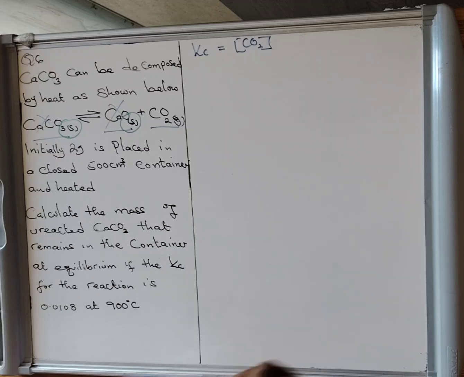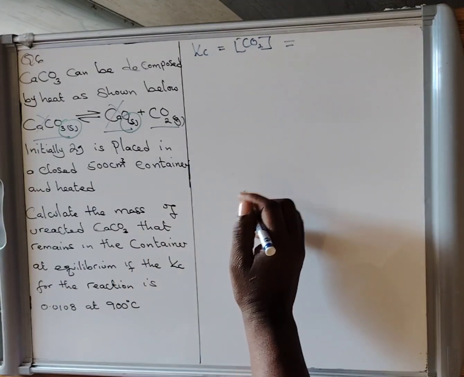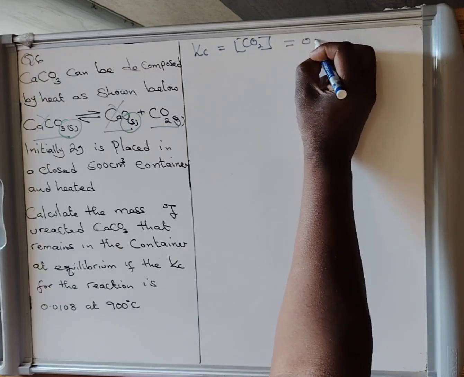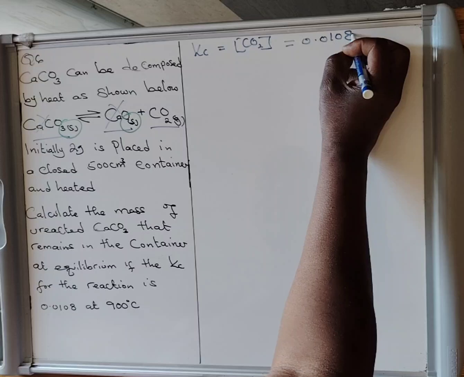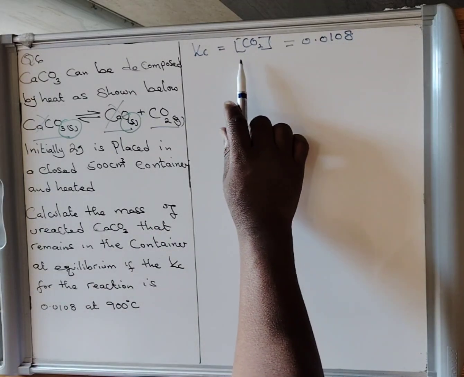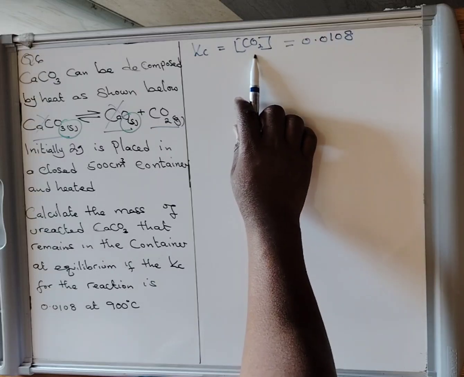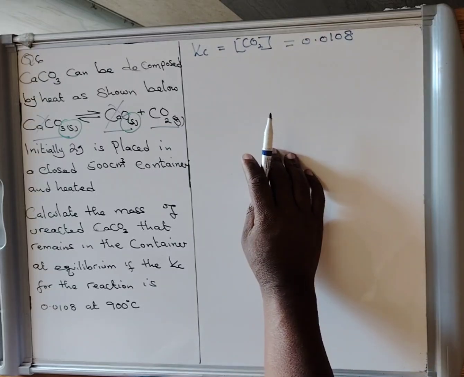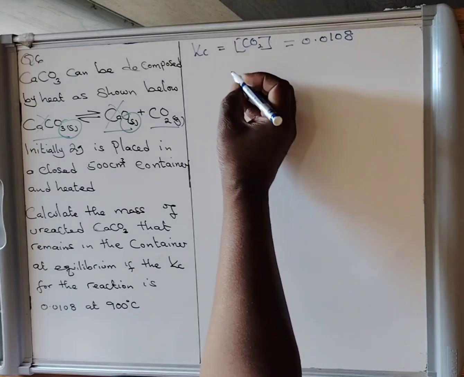Then our Kc value is known, and it is 0.0108. So this means that the concentration of carbon dioxide is that.